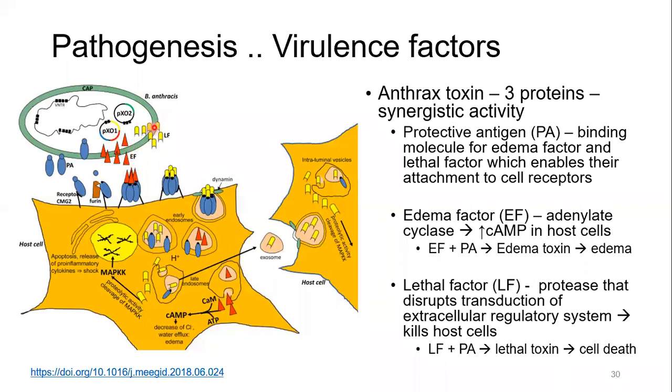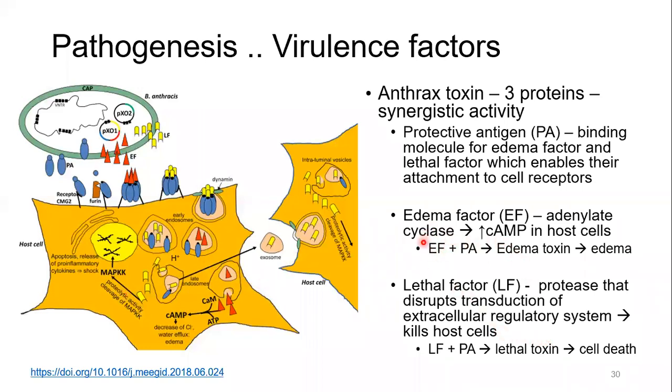While the lethal factor, which would be the yellow one, would enter within the endosomes, and within the endosomes then causes cleavage of, I just forgot what MAP is, but I'll find that out, an enzyme, it's a protein kinase that with the lethal factor then disrupts the transduction of the regulatory system, and therefore by causing that activity is able to cause apoptosis, that's killing of the host cells, but also release of pro-inflammatory cytokines, and that eventually leads to shock.